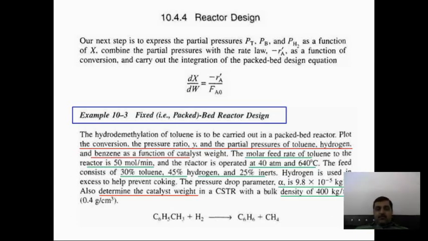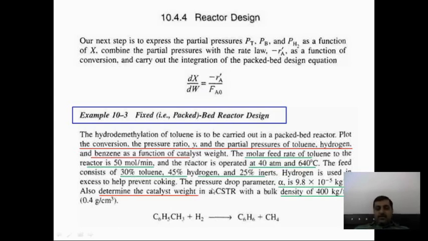To also discuss the hydrodemethylation of toluene, which is being done in a packed bed reactor, we have to find out conversion as a function of pressure and the partial pressures with respect to the weight of catalyst. What we are given is the molar feed rate, the reaction conditions, and the feed composition.